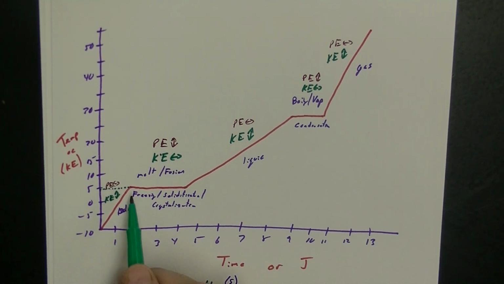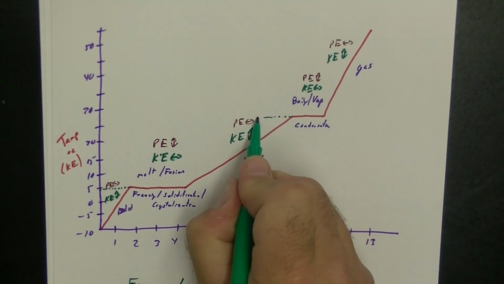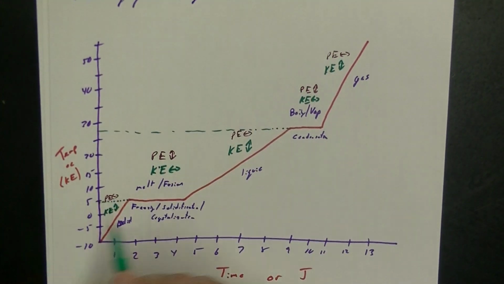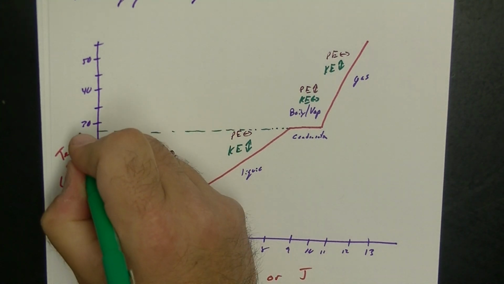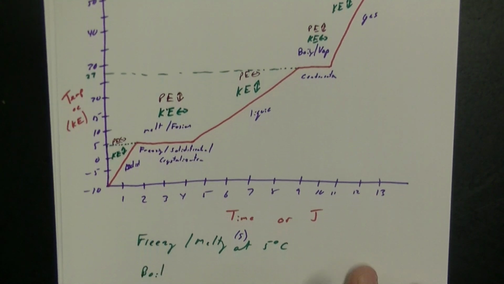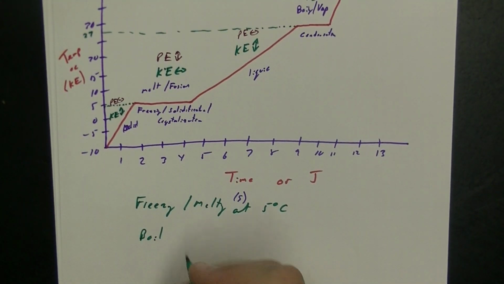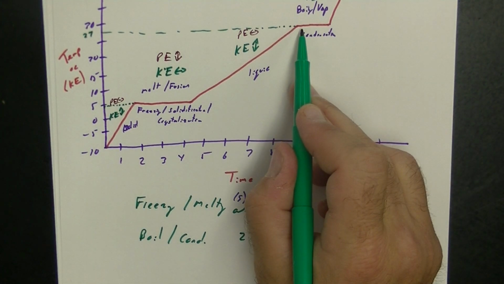If we're adding heat, it's going to melt. If we're taking heat away, it's going to freeze. Same thing up here. If we extrapolate across, this substance is about 27, what do you think? It's going to boil or condense at about 27 degrees C, depending on whether we're adding heat or taking it away.